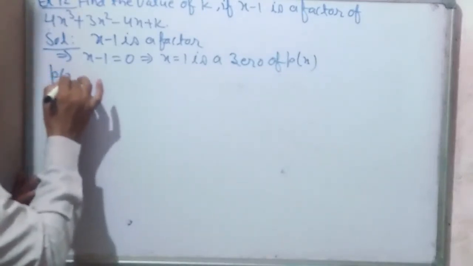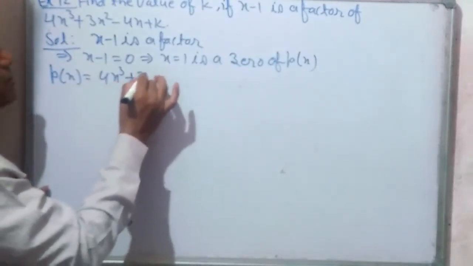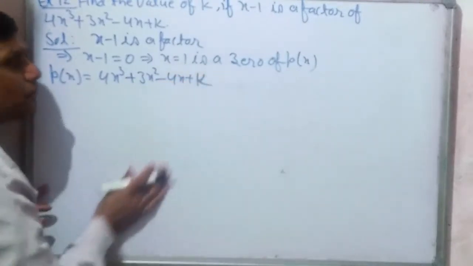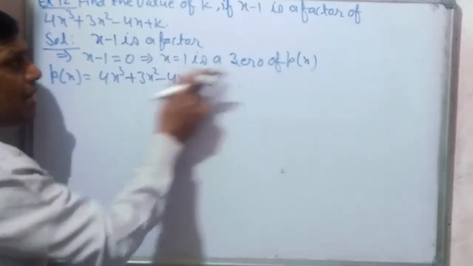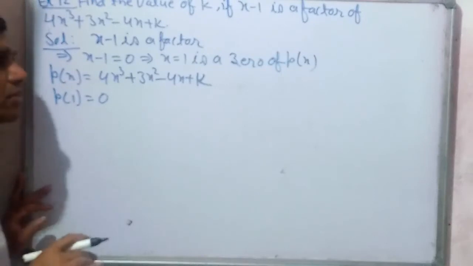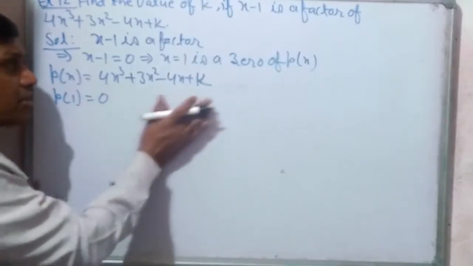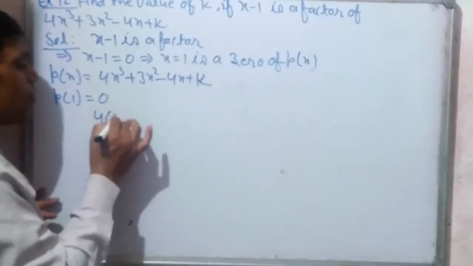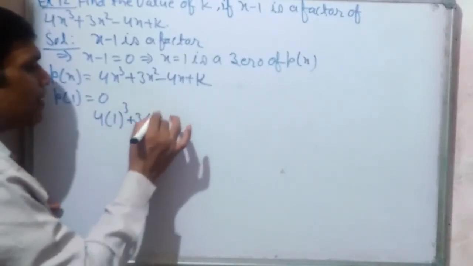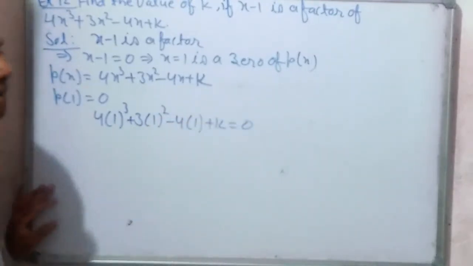Let us write down px. px is 4x cubed plus 3x square minus 4x plus k. And we should have p1 as 0. Equating p1 to 0 will give us the value of k. That means 4 multiplied by 1 cube plus 3 multiplied by 1 square minus 4 multiplied by 1 plus k should be 0.